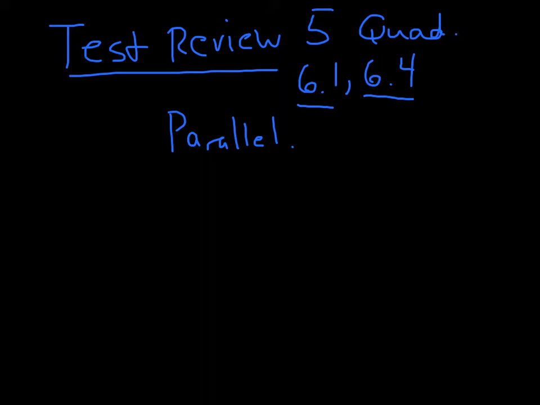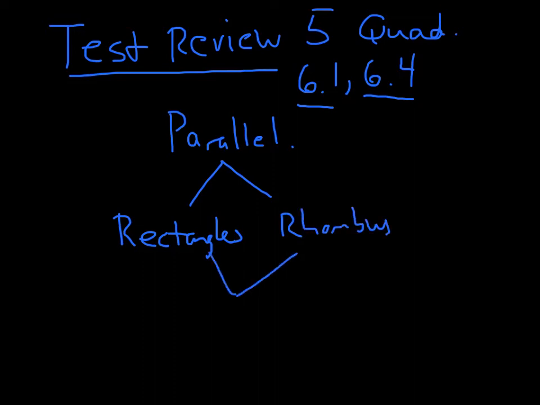So for quadrilaterals, if we have parallelograms, then we have rectangles, rhombus, and square. The further we go down this chart, the more specific the object.